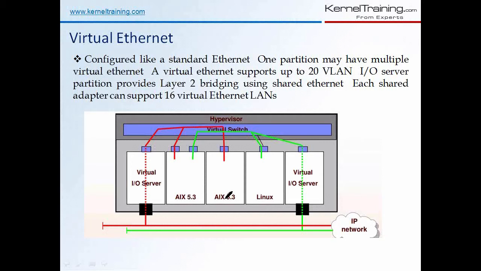The IO server partition provides this. This is my one LPAR, this is my second LPAR, this is my third. What have I done? I have an advanced power virtualization license, so I have virtualized my Ethernet card. This is the virtual switch I have created in the hypervisor. This is one more benefit of having a hardware-based hypervisor.